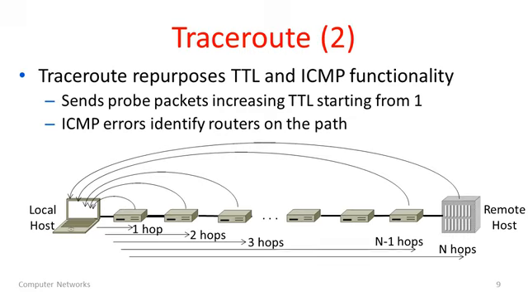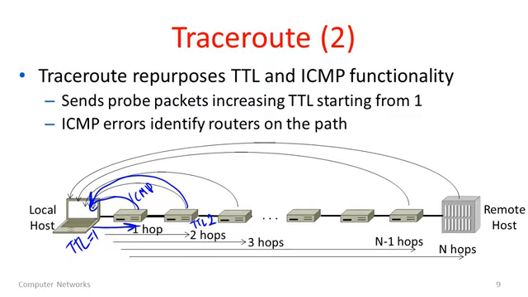The way traceroute works is it sends a message with a TTL of 1 to do the first hop. That will expire at the first router and cause this ICMP message to be sent back. Next, it will send a message with a TTL of 2 to go 2 hops, and we'll get another ICMP message back.